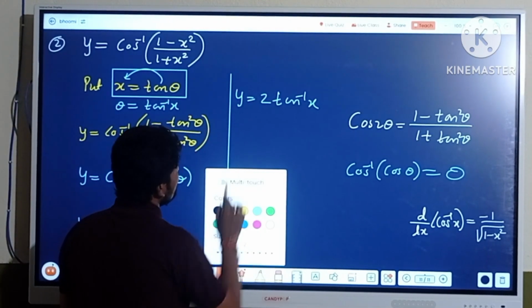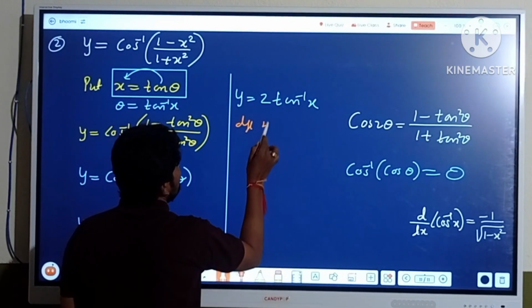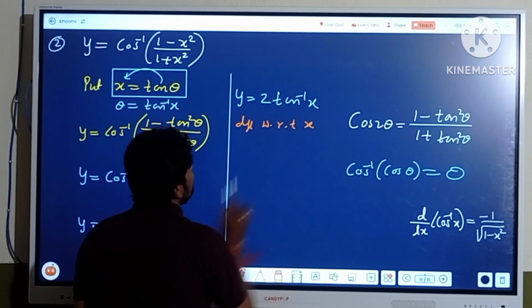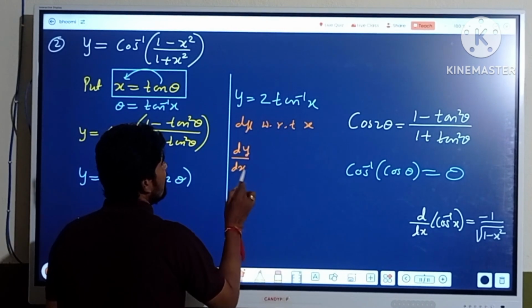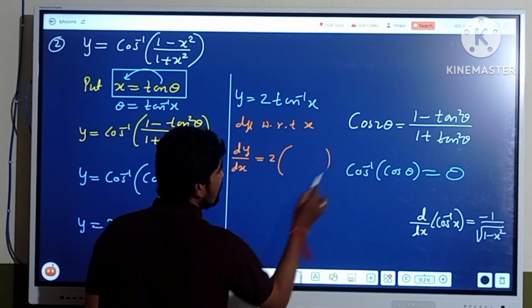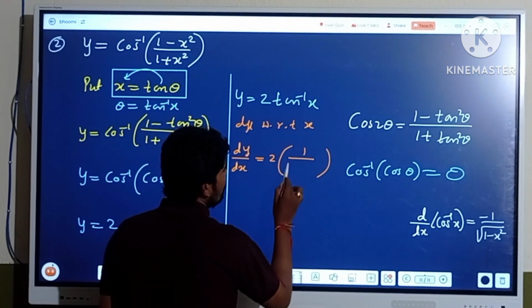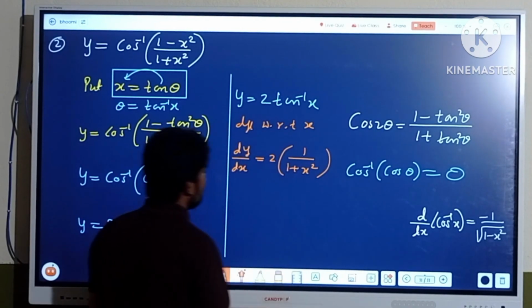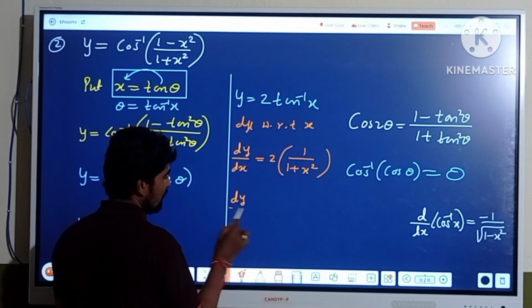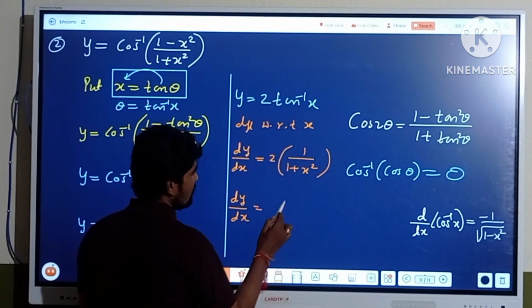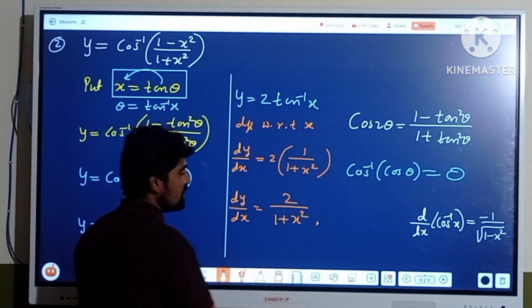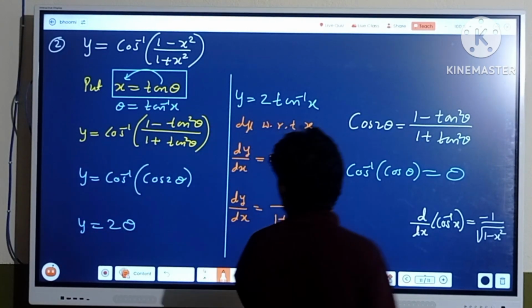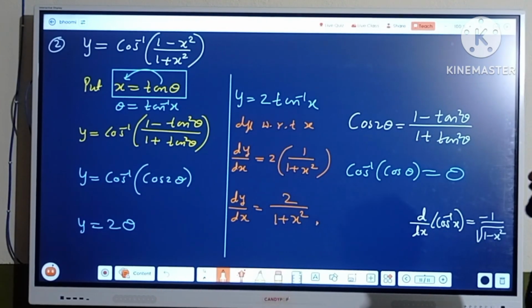Differentiate with respect to x: dy by dx equals 2 into the derivative of tan inverse x, which is 1 divided by 1 plus x square. Therefore, dy by dx is equal to 2 divided by 1 plus x square, the required dy by dx for the given inverse trigonometric function.